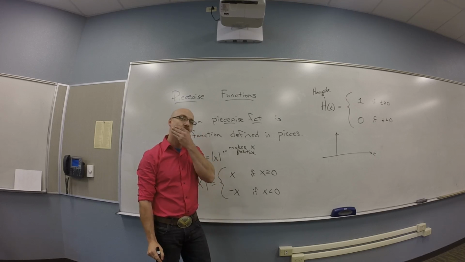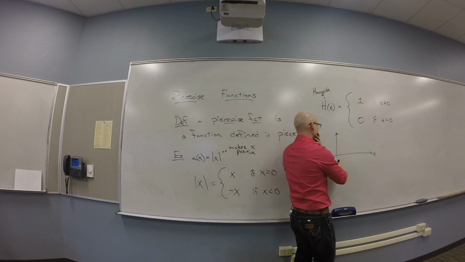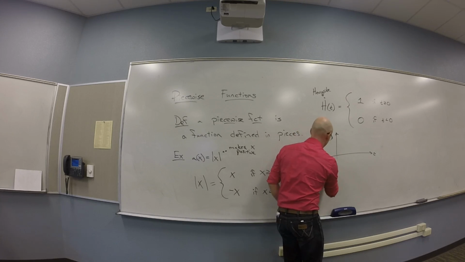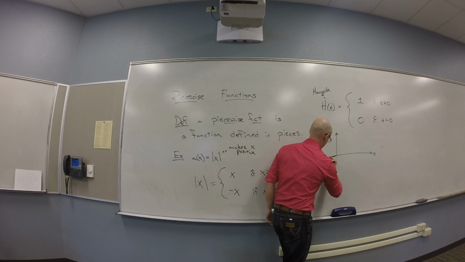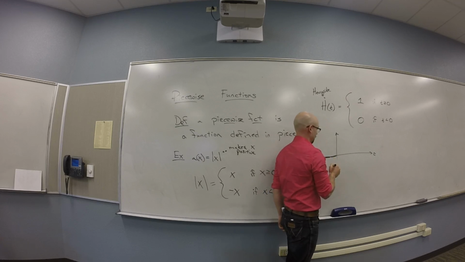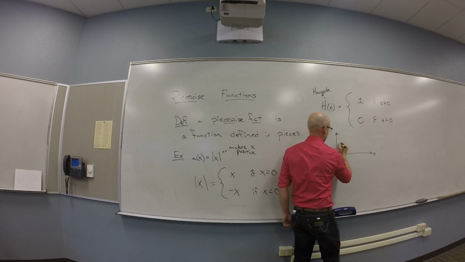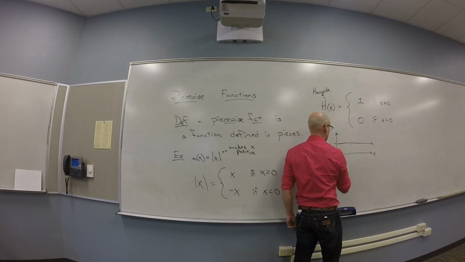Anything to the left of the output axis, any negative t's, gives you 0. So you're right on that line. Anything to the right of the origin on the x-axis gives you a 1 on the y-axis. So just a line, like this? Just like that. Okay.